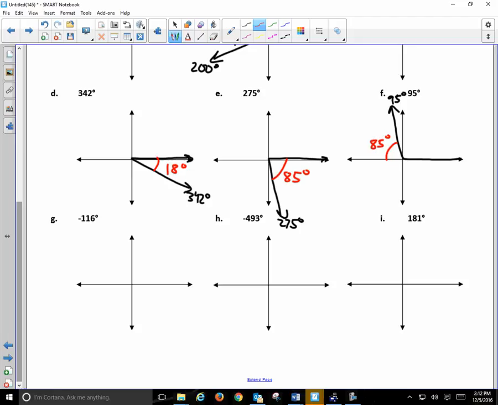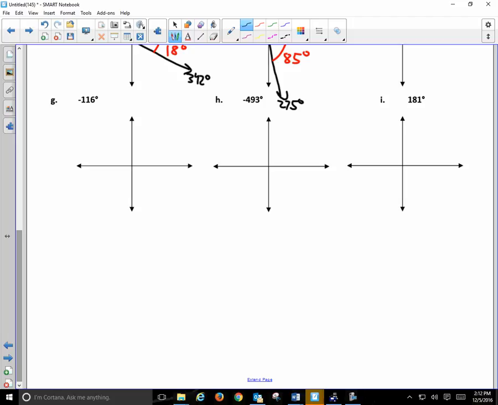I'll give you guys another 30 seconds to think through those, and then you can glance up and check. How you guys doing? Good? Any questions on those 3? Okay, then let's do the last 3.